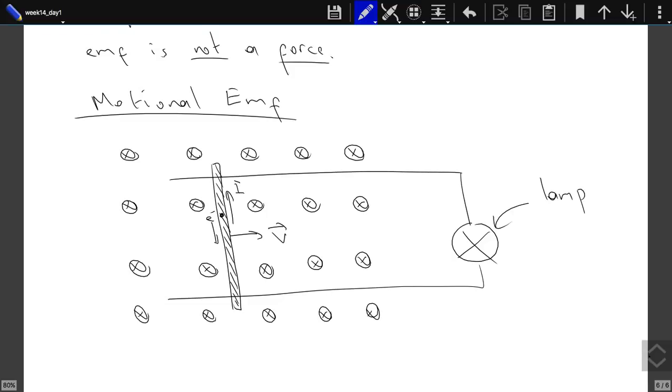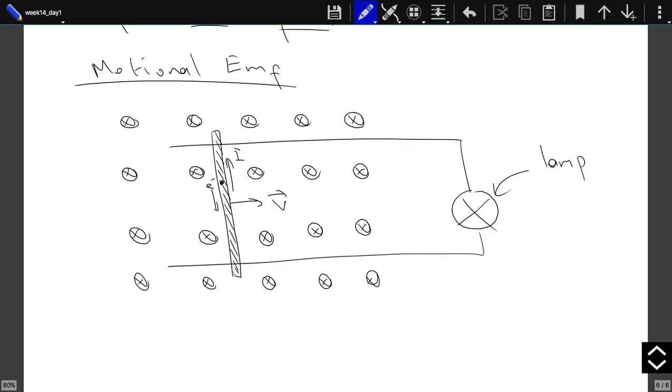And the force per unit charge, this is how I define my EMF. This will be just vB times, let's just call this length L, vBL. Do you see it?